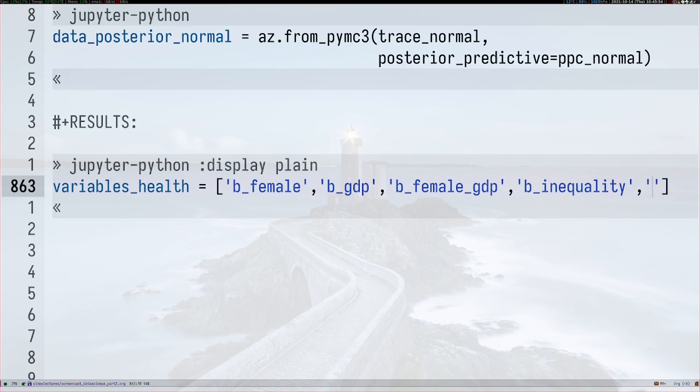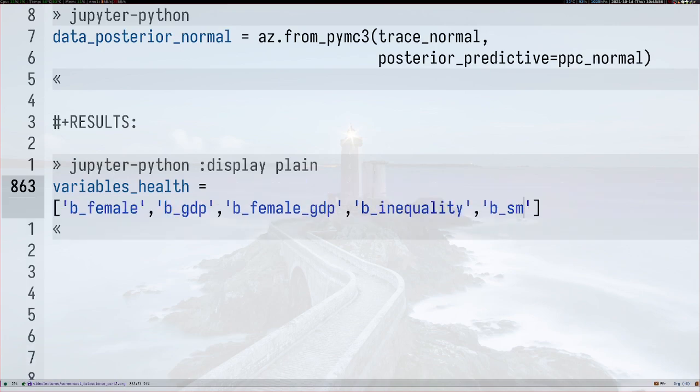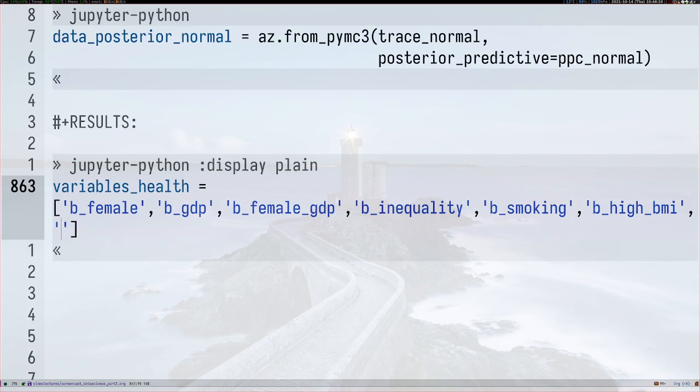And then we get the lifestyle variables related to smoking, body mass index, and binge drinking.